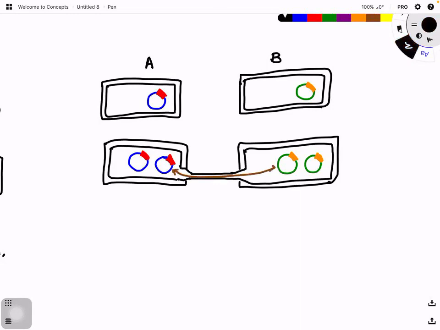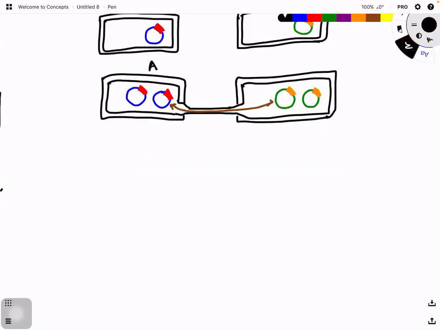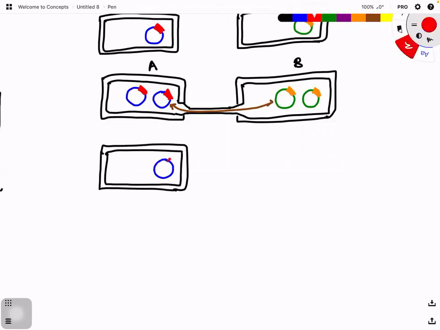So now between bacteria A and bacteria species B, you can see that gene transfer takes place. The original one now has a new antibiotic resistant gene, but they are still different species.